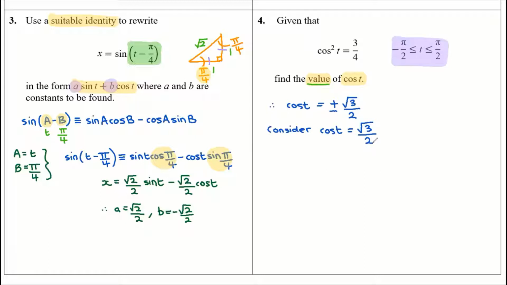Now, if this was, like I said, a trig question, you would find your principal angle, and then you would stick it on your cast diagram. Now, I don't really actually care what the principal angle would be, pi/6, because it's √3/2. But I'm not actually interested in what it is. It's just a case of whether it's valid or not in this instance.